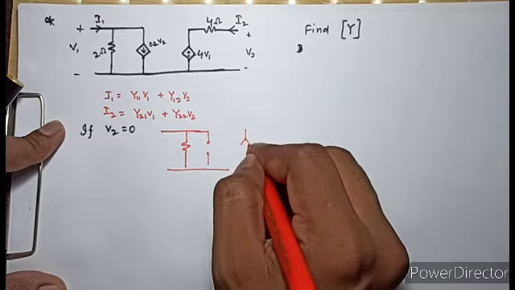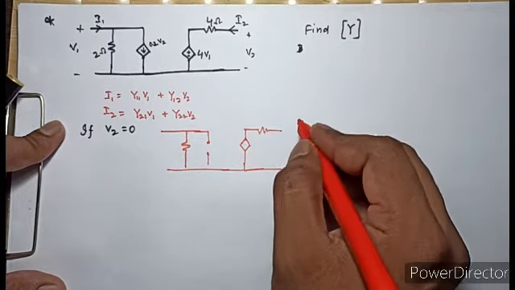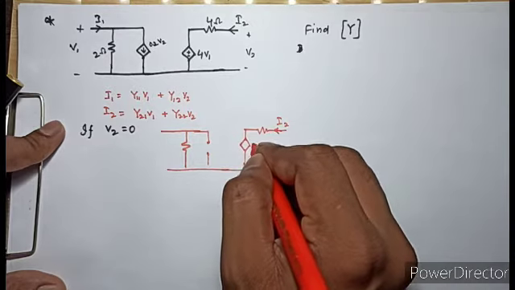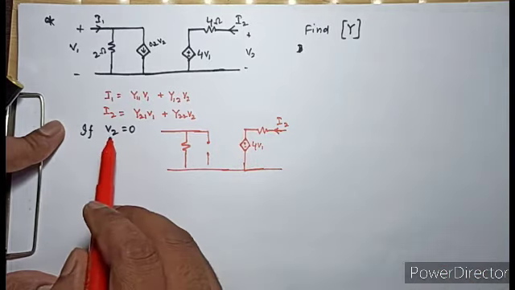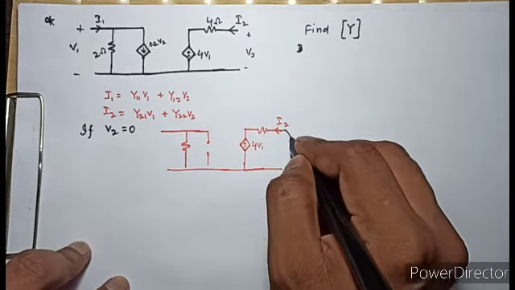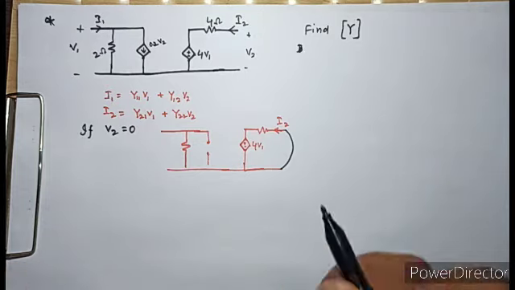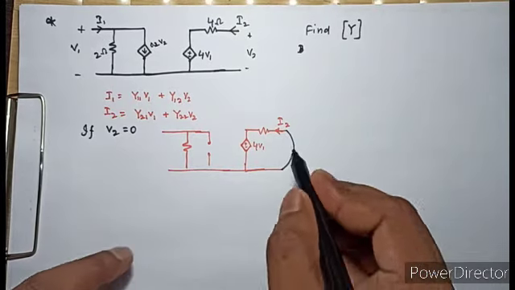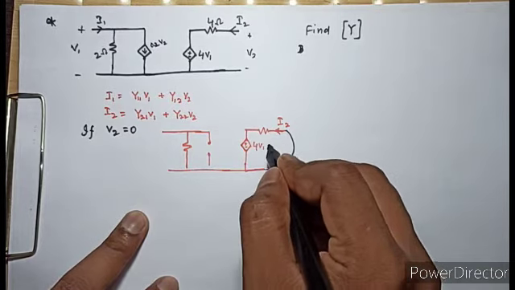And this voltage source will remain as it is. This is I2, this is 4V1, right? And V2 is equal to 0 means we are basically short circuiting this output terminals, isn't it? So in that case, after short circuiting this output terminal, a current will flow through this, circulate in this direction, right?